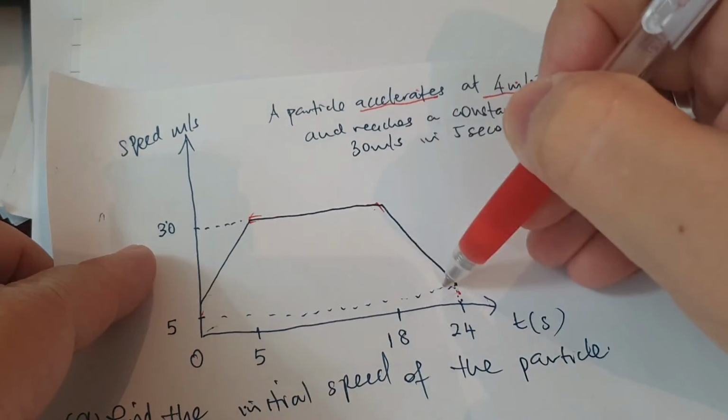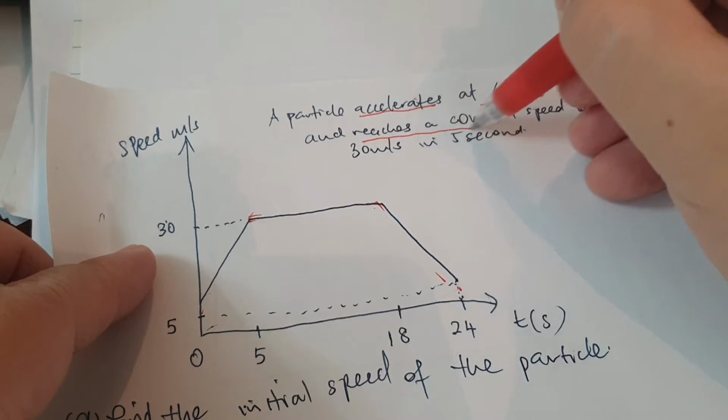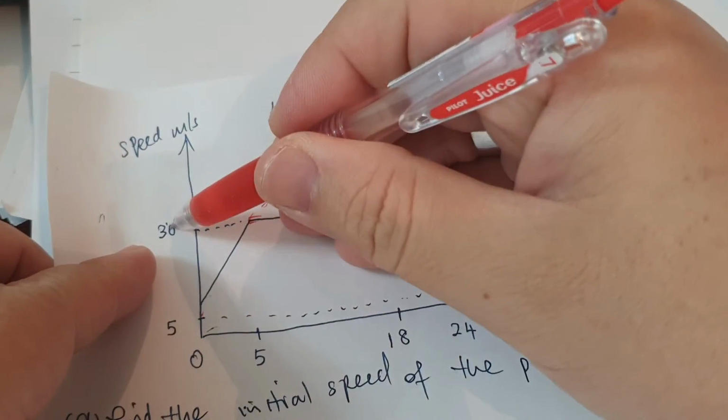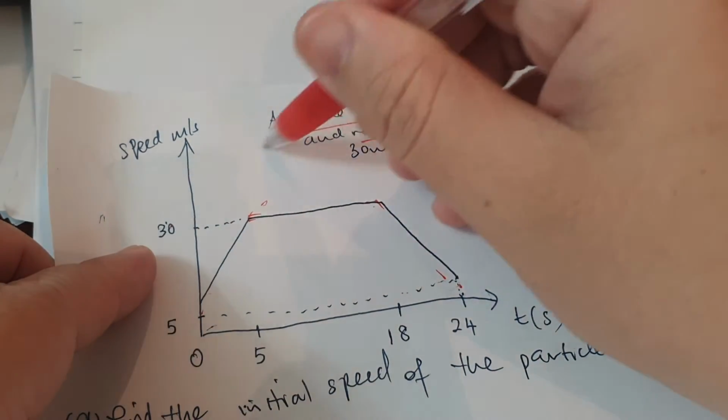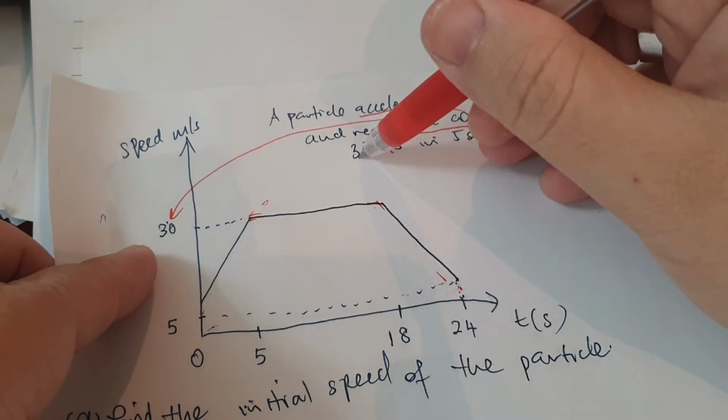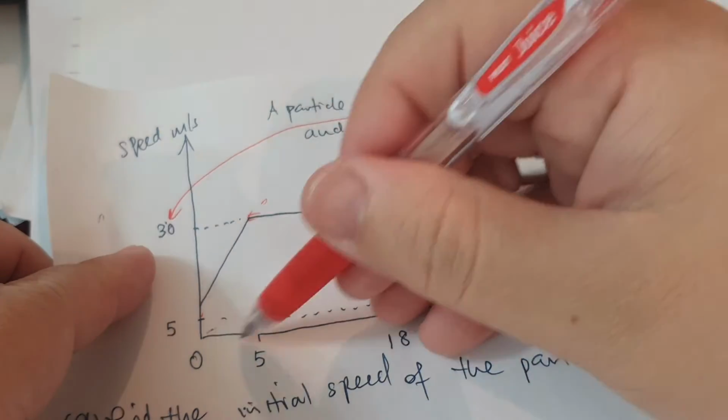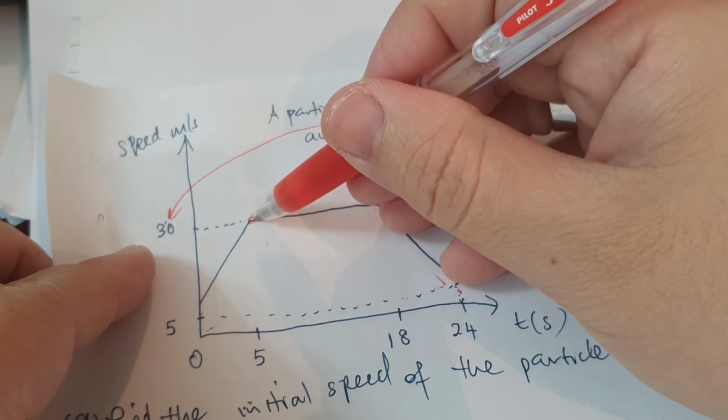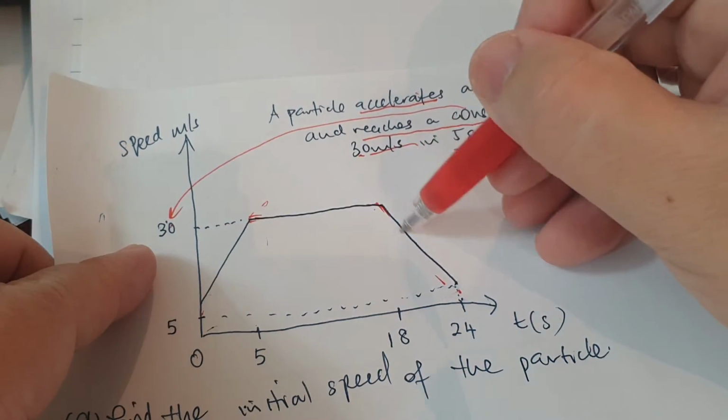Accelerate, constant speed, decelerate. And it reaches a constant speed. They already told you, so this is the constant speed of 30 meters per second in 5 seconds. After that it went on at constant speed, then later decelerates.